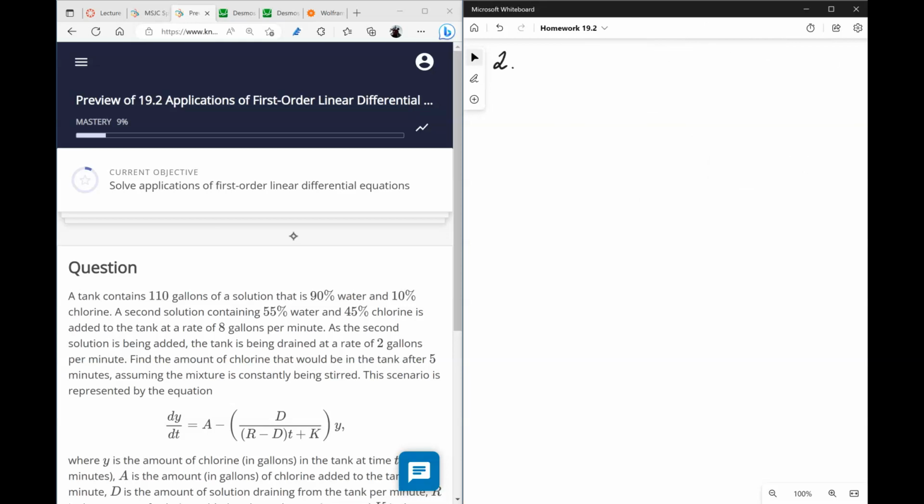Here's another problem. In this problem, we really need to focus on the given equation. And I'm going to rewrite this equation like this.